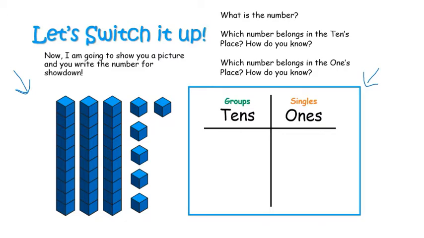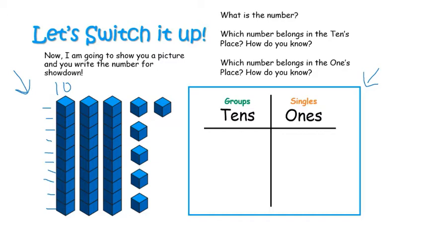So remember, I said these long groups of 10, we can count. We know that this has 1, 2, 3, 4, 5, 6, 7, 8, 9, 10 cubes in one tower. So we know that that is a group of 10.